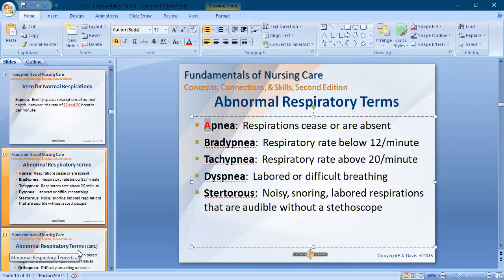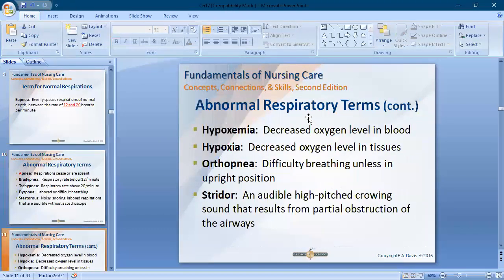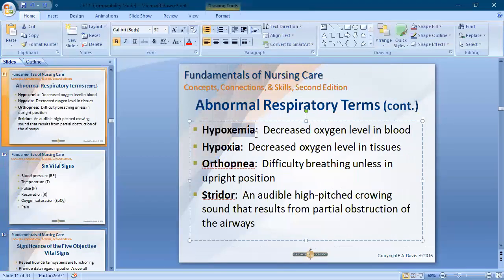And here, abnormalities of respiratory terms: hypoxemia, hypoxia. So two different terminologies here. Hypoxemia means decreased oxygen in the blood.